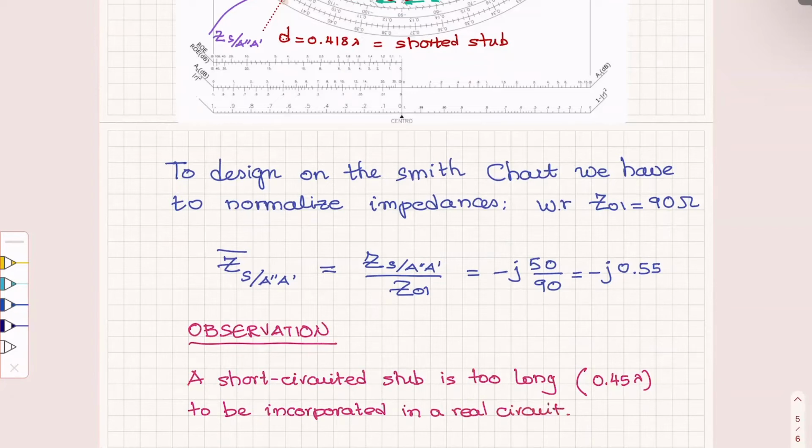So as a result, it is better to use an open-circuited stub.